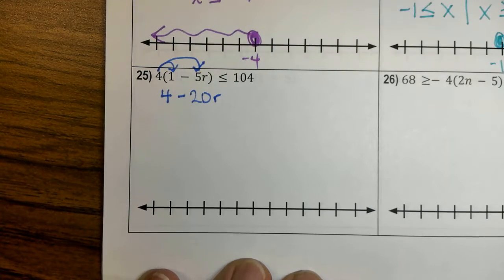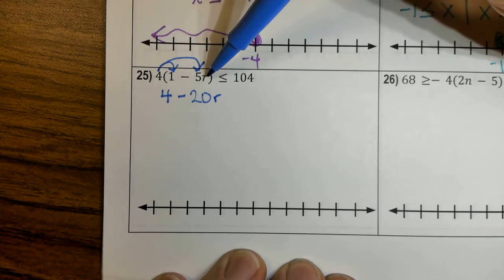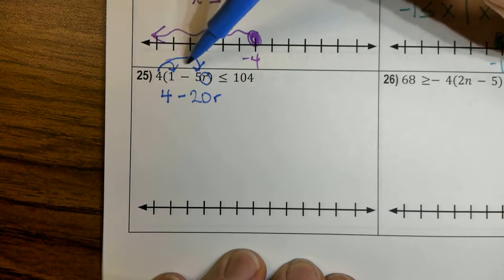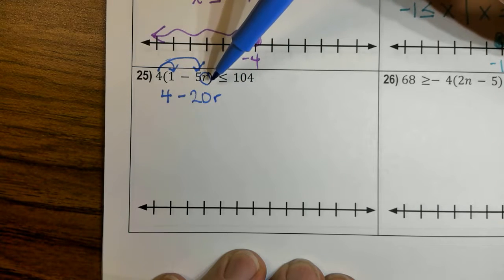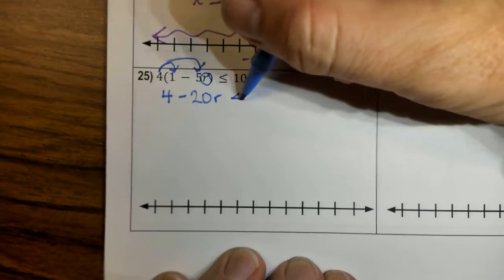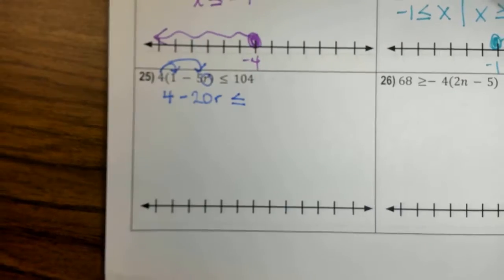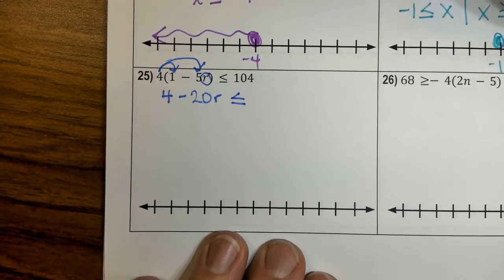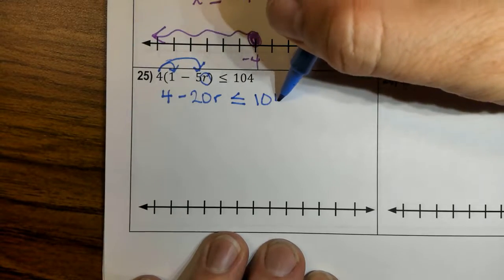So again, a big mistake I keep seeing people do, and you just have to be careful, is if there's a letter, when I distribute, I have to keep the letter there, okay? The r doesn't go away, because if you forget to write it, you'll accidentally get a wrong answer. You don't want to do that. Okay, my symbol and my number 104 did not change.